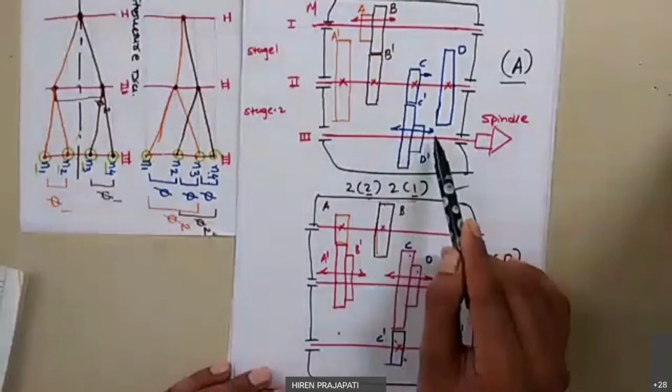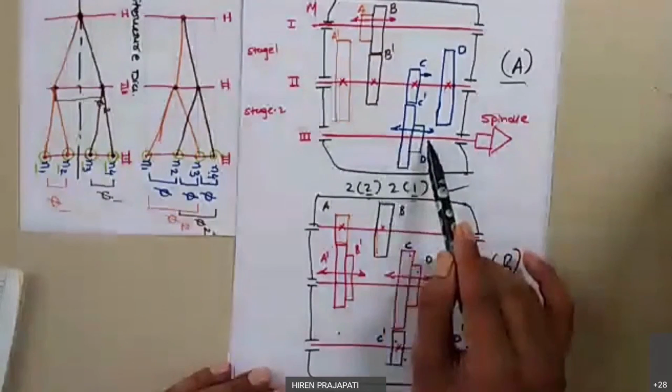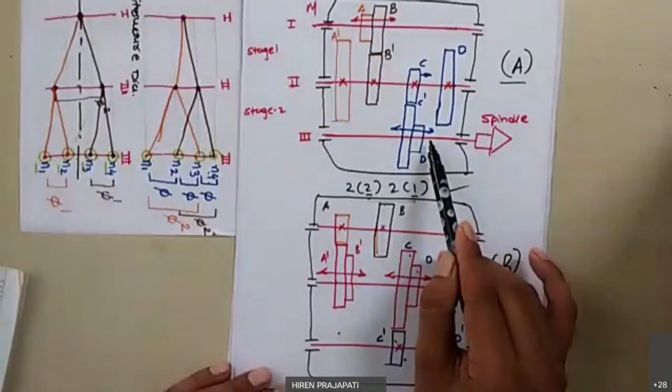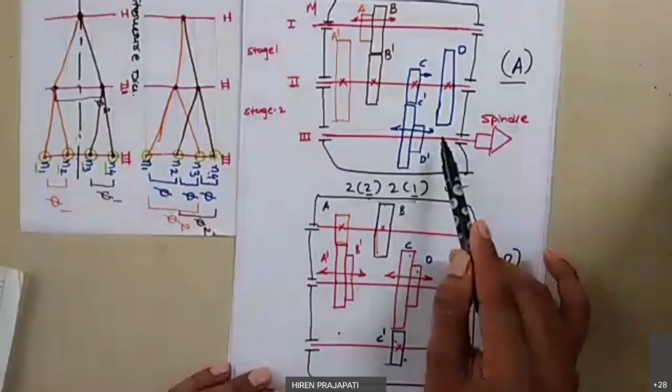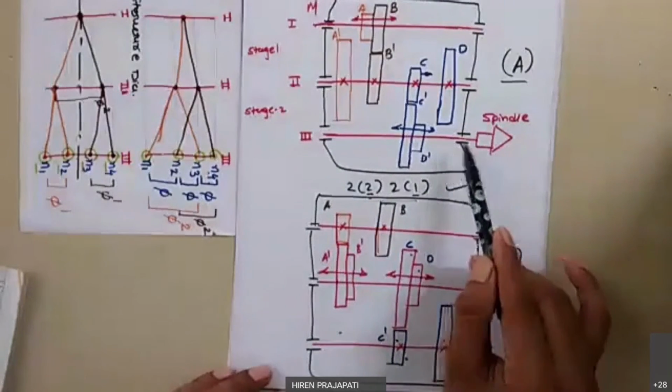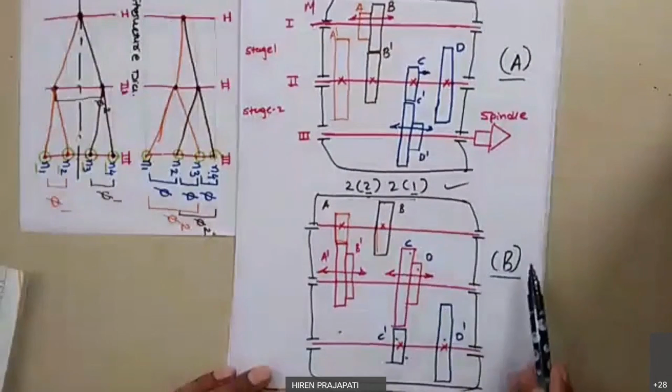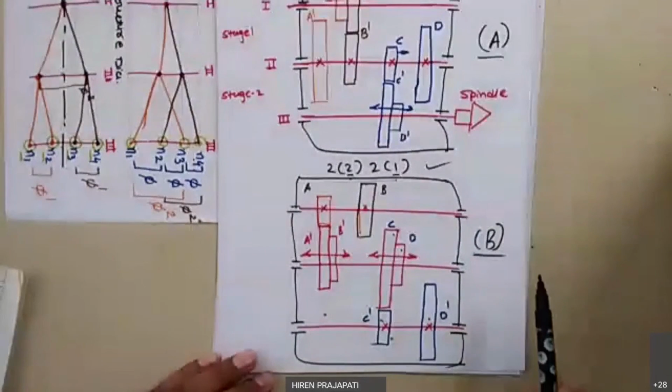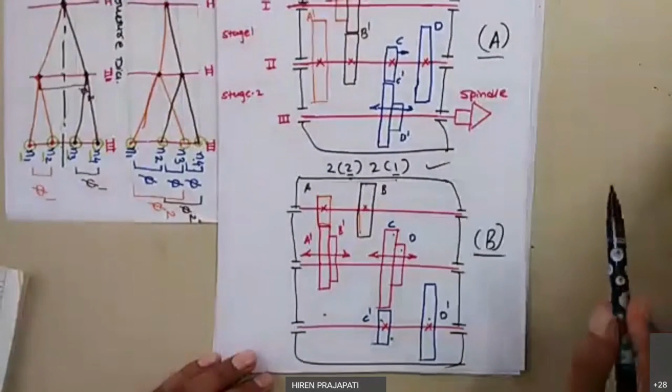If you go for a spline shaft, then you reduce the strength of the shaft. Whenever you provide a key slot, you are actually reducing its strength. That's why you need to go for an oversized shaft, which is ultimately costly, and strength-wise it is not recommended. So that's why layout B is more recommended compared to layout A.